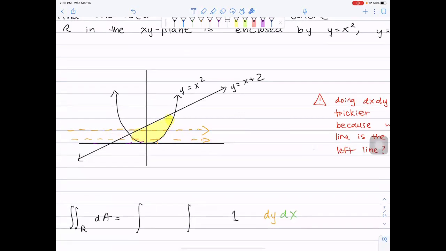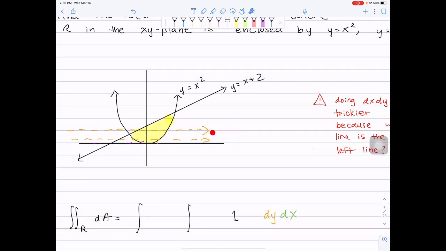Depending on which line you drew, this top orange line would enter at the x plus 2 line, but this other orange line enters at y equals x squared. So you're entering at 2 different lines, so it doesn't really make sense to do the dx direction first.